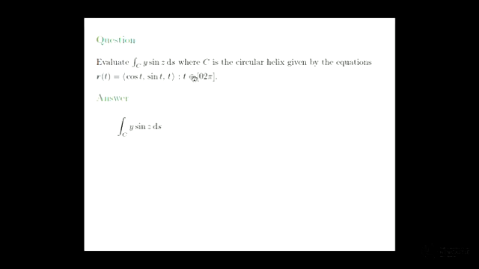Okay, so what is the derivative of r with respect to t? And 1. Cool. And then what does this equation turn into once we run it through this? X gets cos t, y gets sine t, z gets t.